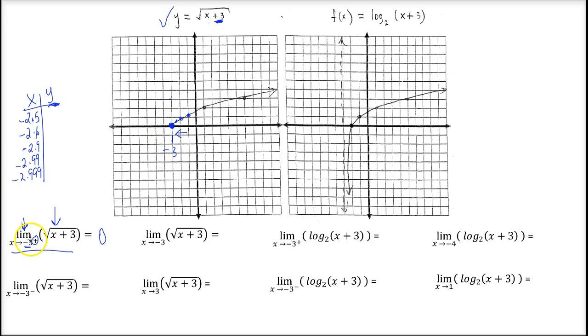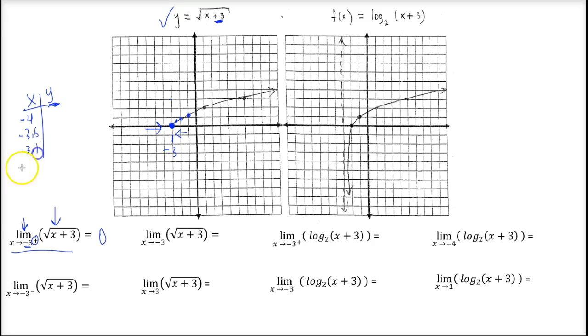Now, if up here we said, what is the behavior of this particular function as x approaches -3 from the left, then of course, this must mean what? Yep, that's right, from the left. And so we're doing the same thing, but now we're looking at everything coming from the left side. Okay? So now to make my point, if we're coming from the left side, we're saying, well, what happens at -4, and then -3.5?